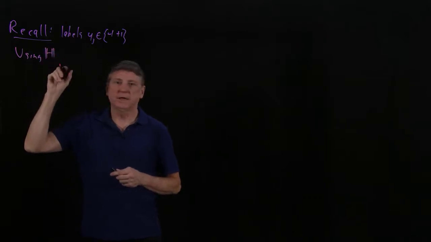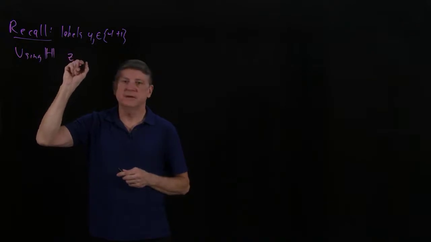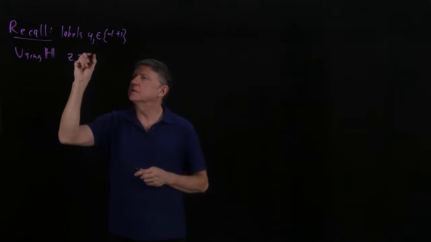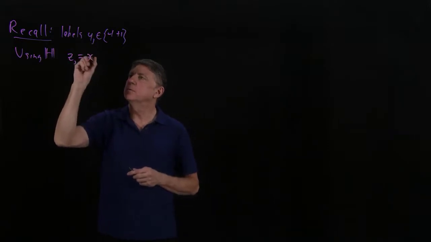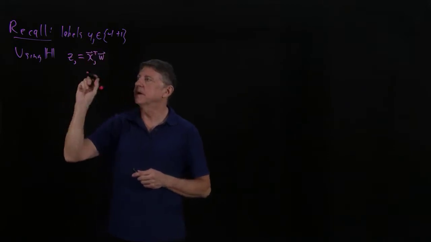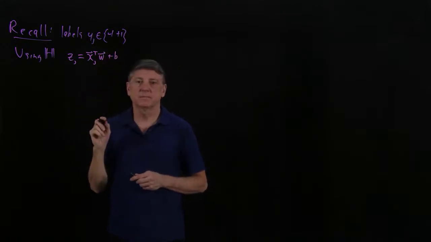Using a hyperplane, we say that the score for data vector j is, the way we've been writing it, the transpose of the jth data vector times the weight vector that represents the hyperplane plus the bias scalar.